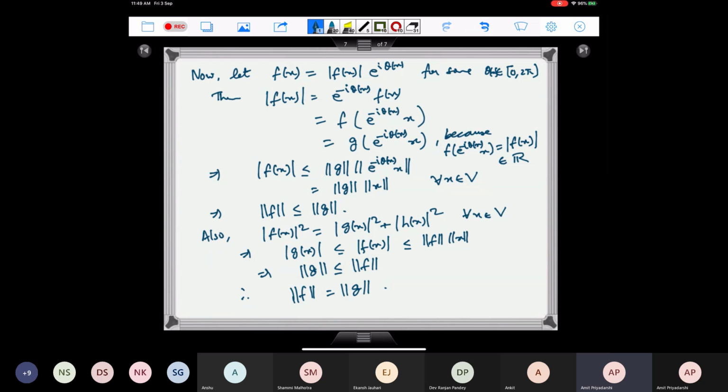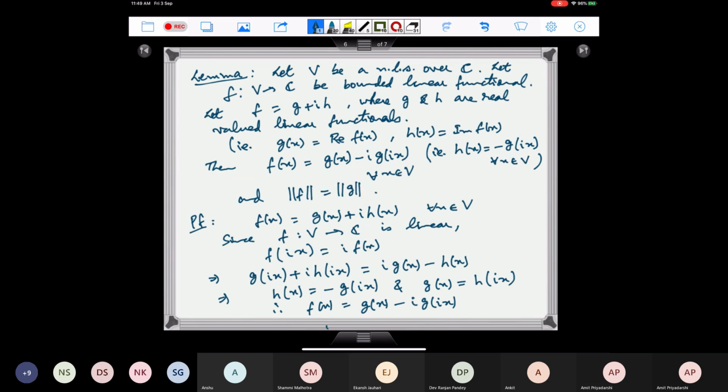Right. So this lemma says that if we have any complex valued linear functional on a complex normed linear space, then the norm of this f is the same as the norm of the real part of f.